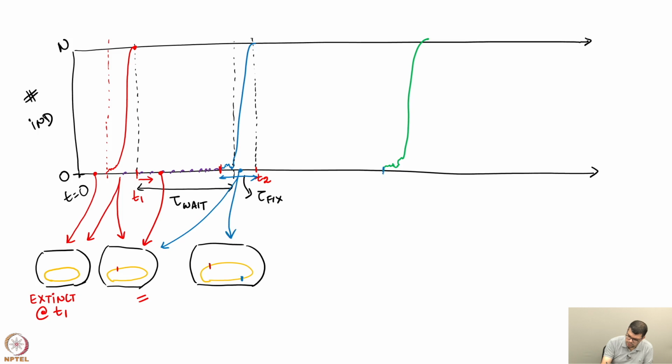From time T2 to time T3, in this entire window the only genotype that exists is just this genotype which is carrying both these mutations. This particular genotype went extinct at T2. Remember that this mutation did not go extinct, but there is no individual left in the population which is carrying only this mutation.